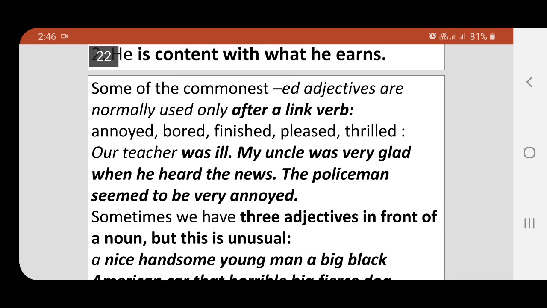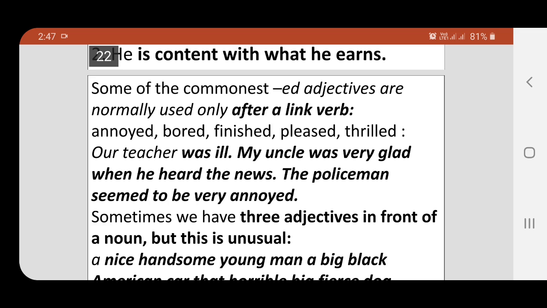These are some of the adjectives ending with ed. So these adjectives are normally used only after a link verb. He is annoyed. He feels bored. The matter is finished. He is pleased. The public was thrilled. So these are some of the adjectives which end with ed.